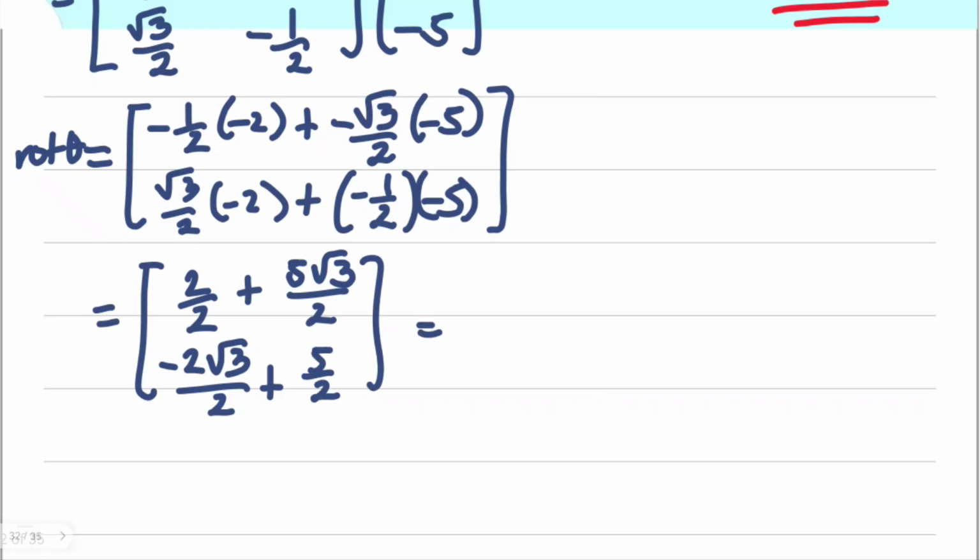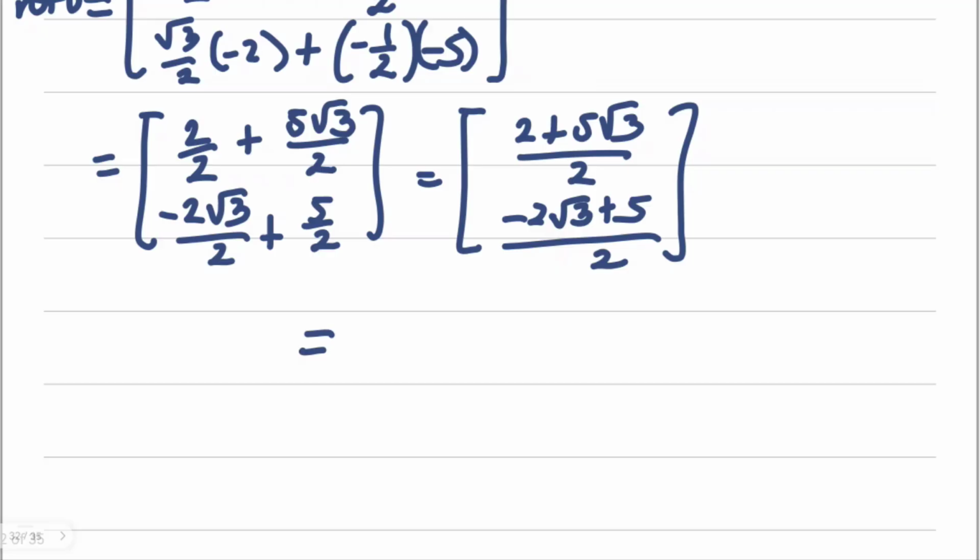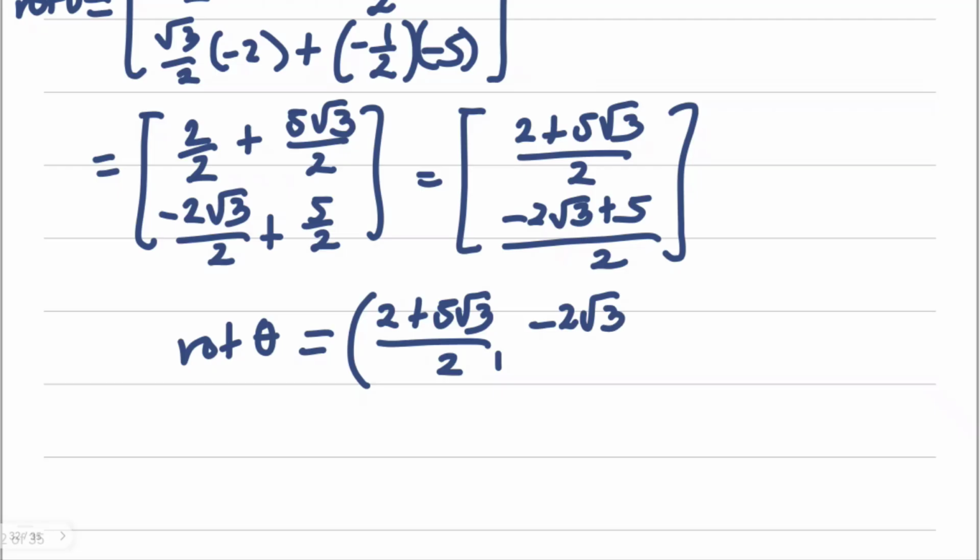Combining them into one expression, you have 2 plus 5 square root of 3 all over 2, and negative 2 square root of 3 plus 5 all over 2. In a point, it is the rotation of our point x. It could be written in this manner: 2 plus 5 square root of 3 over 2, and negative 2 square root of 3 plus 5 all over 2.